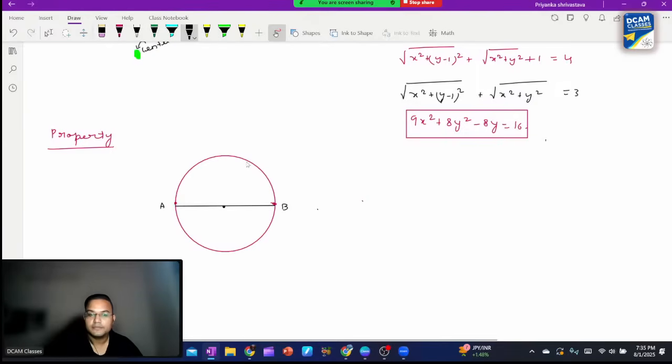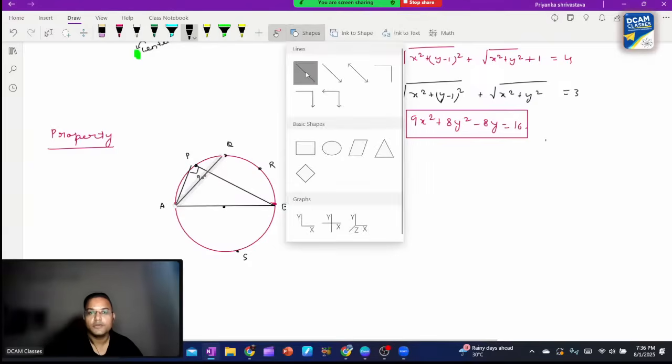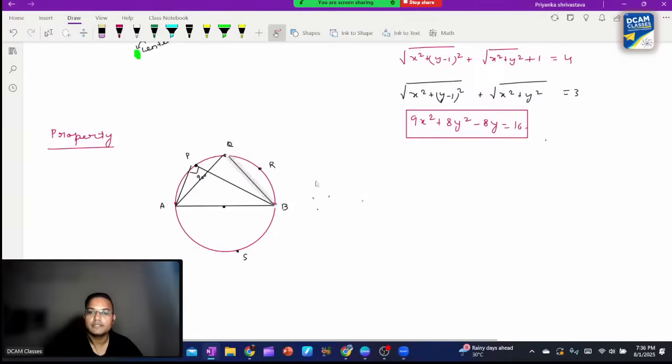These are the ends of the diameter, and this is its center. Now, any random point you take, either this one, P, or this one, or anywhere else, the angle formed by joining it with the ends of the diameter will always be 90 degrees.